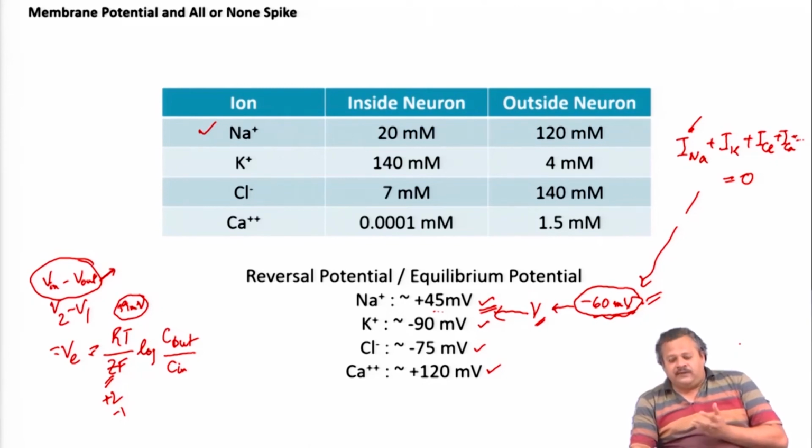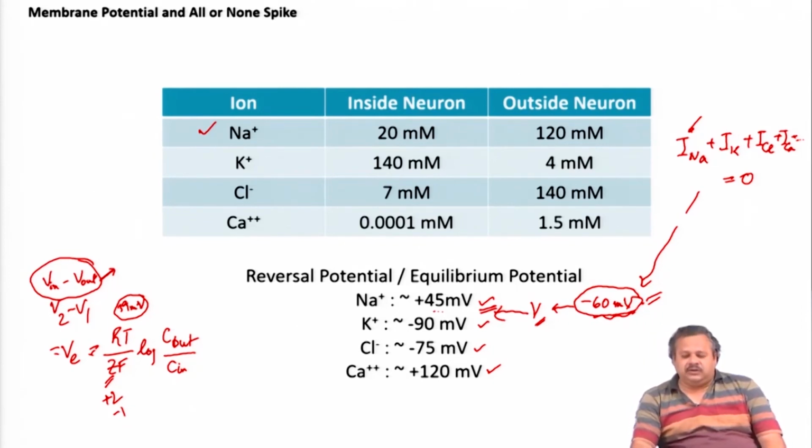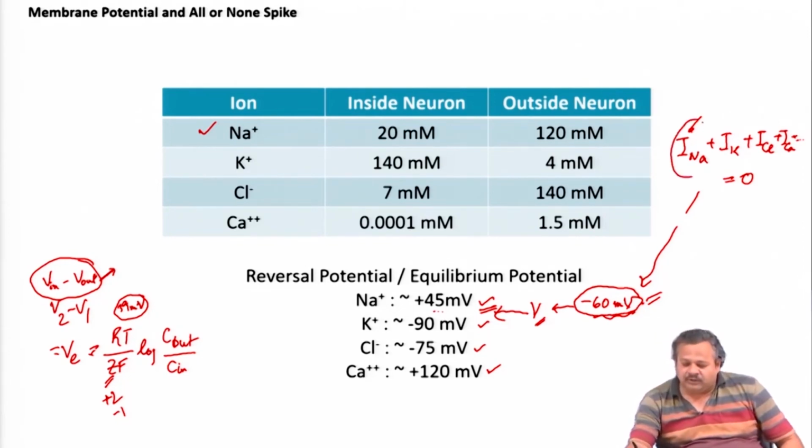So, if at minus 60 millivolts the path for sodium to flow inside or outside of the neuron is 0, that is, there is no path available, then this I_Na also would be 0.